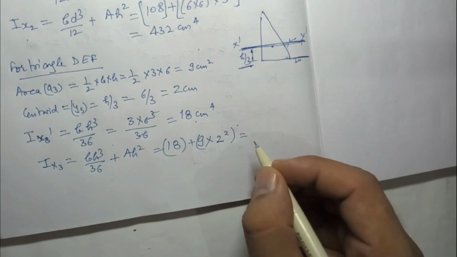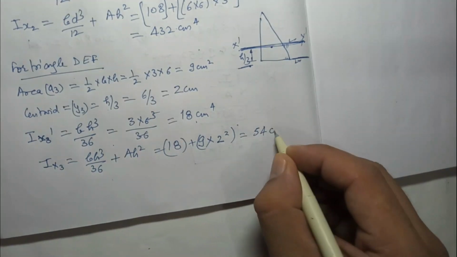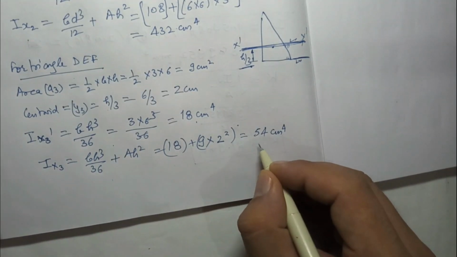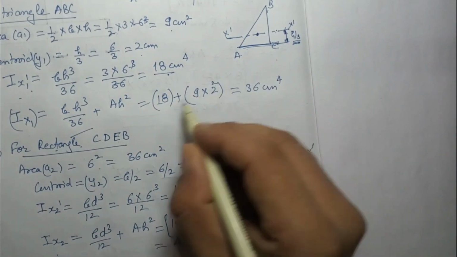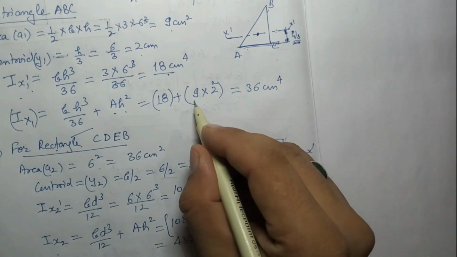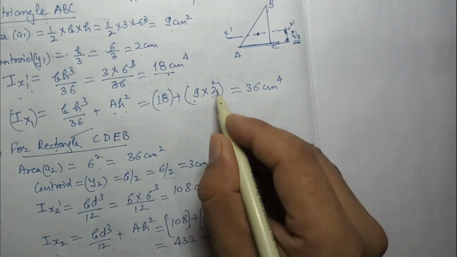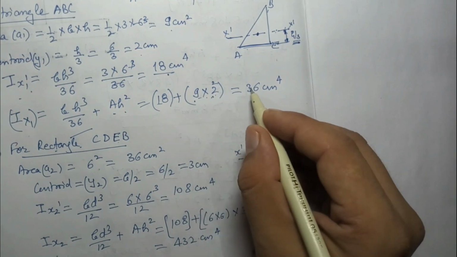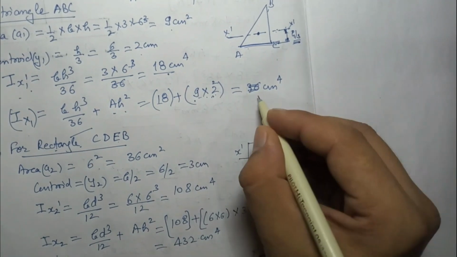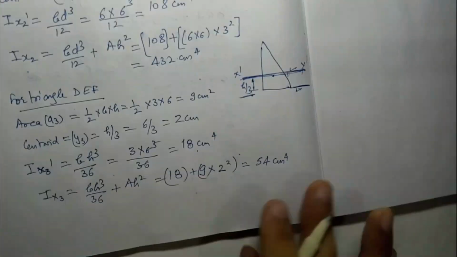After that we get 54 centimeter power 4. In this part it should be 2 power 4, A h square, right? I forgot to mark h square, so this is 9 into 2 square, and the calculated value was wrong, so this is 54, something like this.